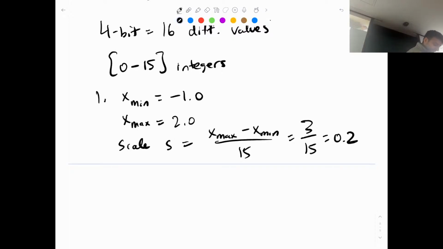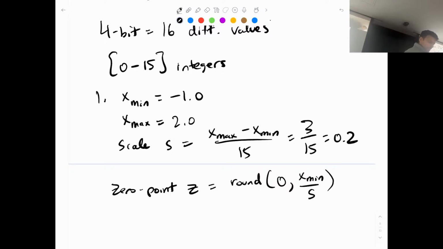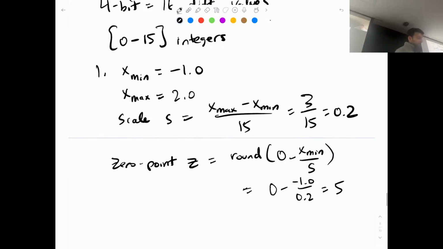That's the scaling. We also may want to figure out where our 0 point is going to be. So here we can just set this to round x min over s, which, sorry, this should be a minus, equals 0 minus, and our minimum is minus 1, our scale is 0.2, this equals 5. So here in this example, we will set 5 to be our 0 point.